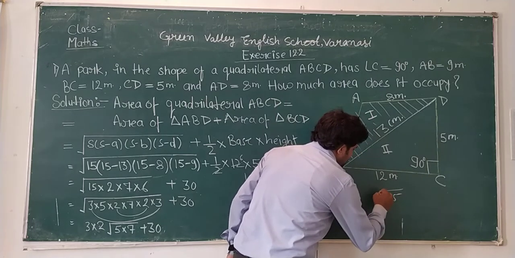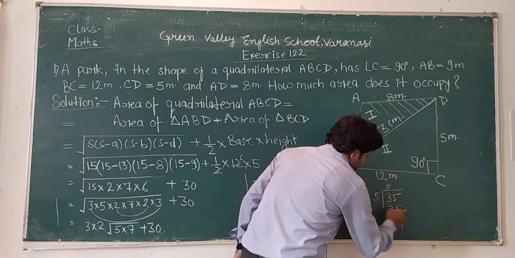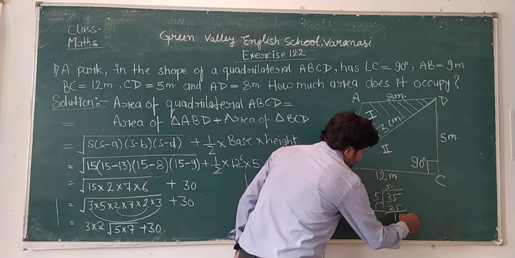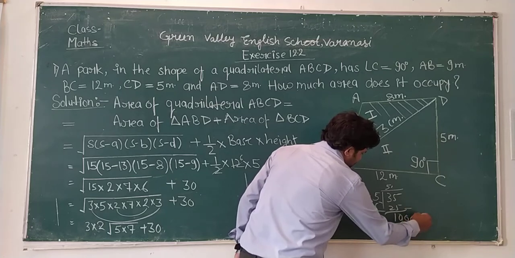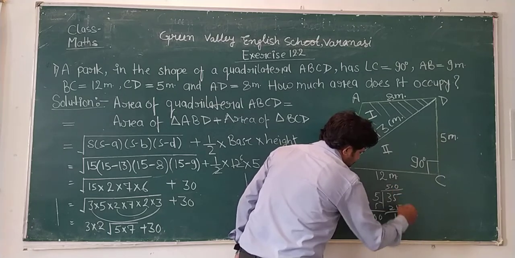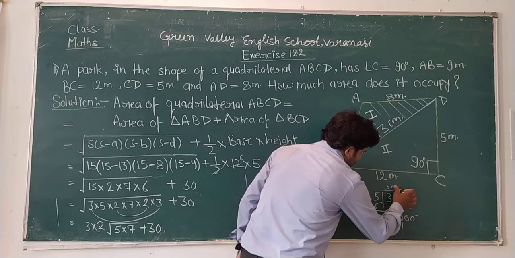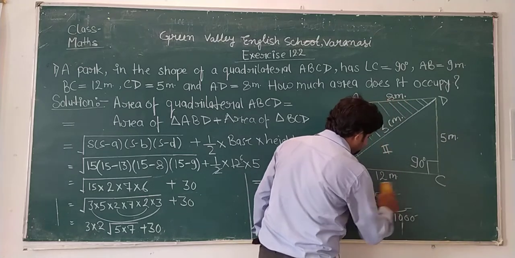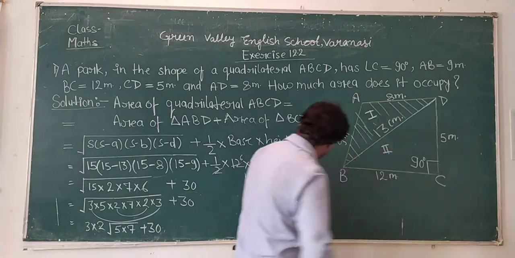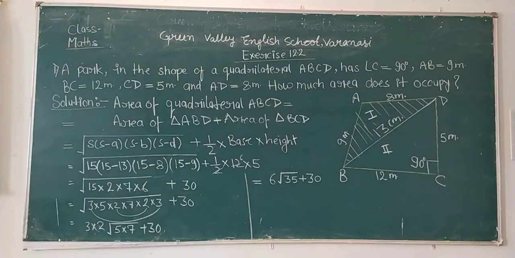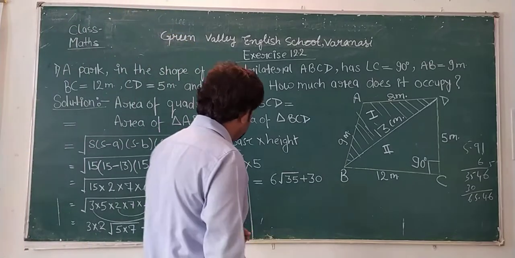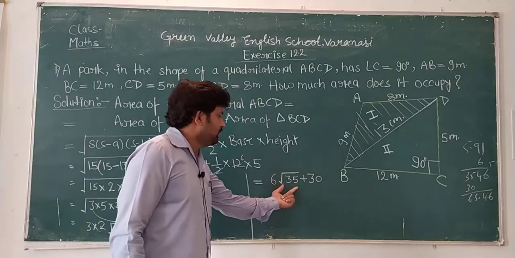Square root of 35 is 5 point something. Okay class, then we will find the square root of 35.